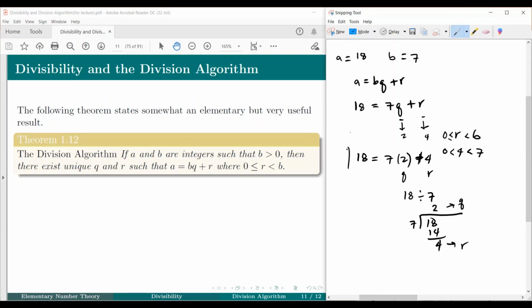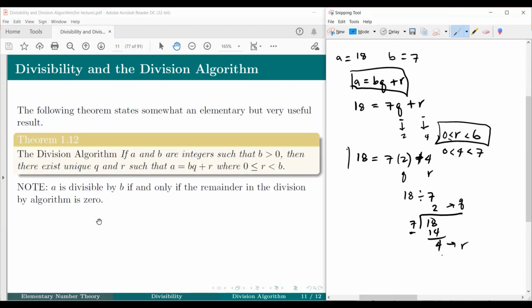So this is our division algorithm. A equals BQ plus R. So there exists a unique Q, which is our quotient, and R, which is our remainder, such that for our remainder, we have this condition. So of course, 4 should be less than 7. So let's have here a note. A is divisible by B if and only if the remainder in the division algorithm is 0.